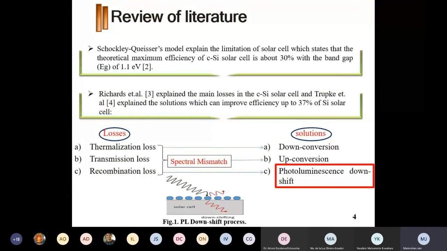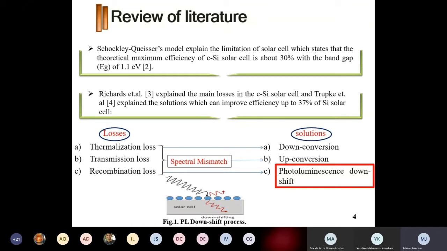If we see the limitations of the crystalline silicon solar cell, the Shockley-Queisser model explains that the maximum achievable efficiency of a crystalline silicon solar cell is only 30% with the band gap of 1.1 electron volt. Another research group, Richard et al., explained the main losses in the crystalline silicon solar cell, which are thermalization loss, transmission loss, and recombination loss.